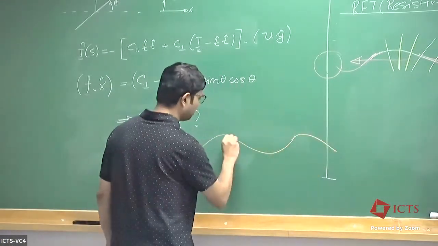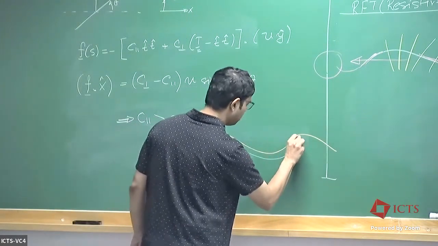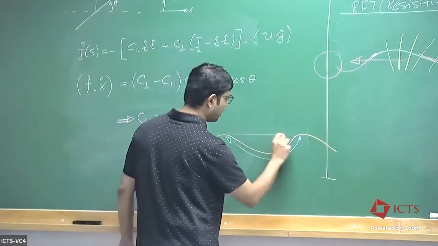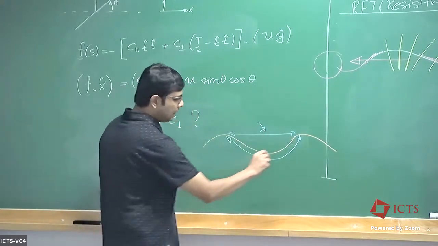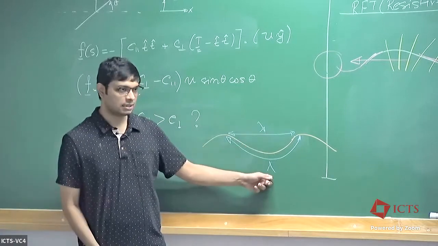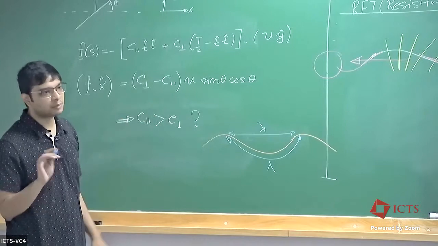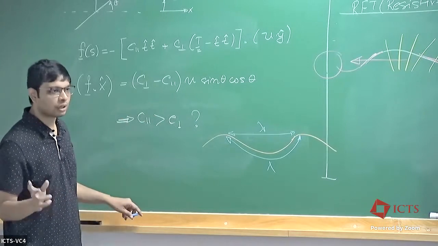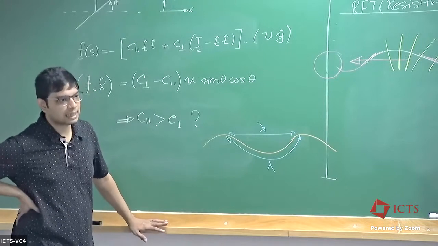Let me just draw this. So there is a length, and this is a wavelength. Let's call this lambda, the wavelength, and let's call the other length lambda. It depends on the ratio of these, and it also depends on the ratio of the drag coefficients. So it depends on a number of parameters. It's hard to quote a number unless you specify all those things, but you can show that it's always less than the wave speed.